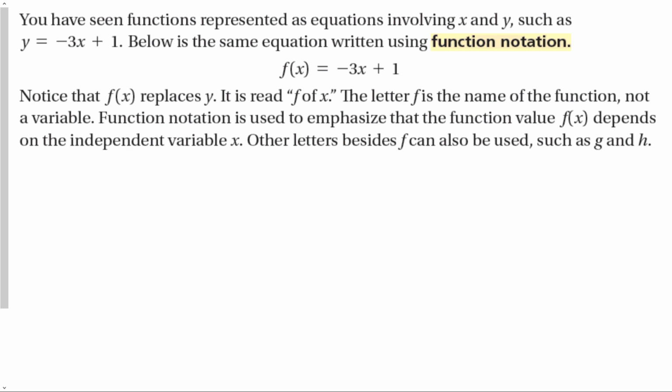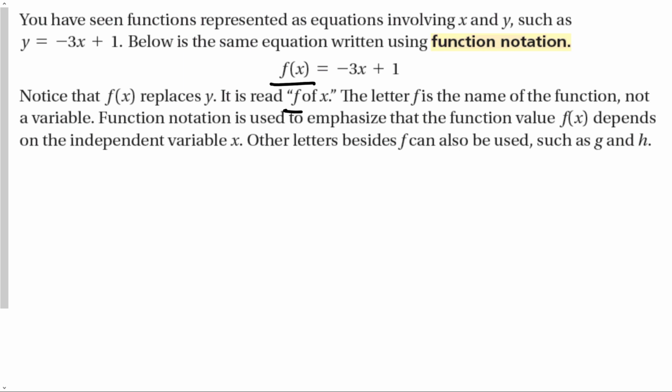So we've seen functions represented as equations involving x and y, such as y is equal to negative 3x plus 1. Below is the same equation written using function notation. And we have this symbol to represent y. Okay, this is called f of x.